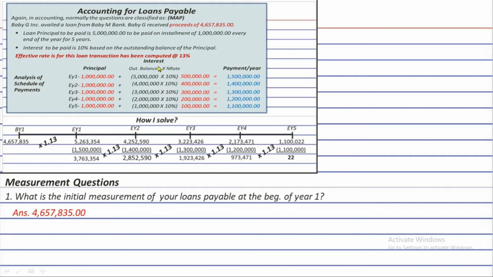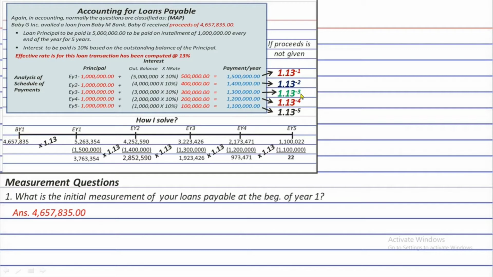Okay? But if the deductions as well as the proceeds are absent, but the effective rate is given, then you have to get the present value by multiplying each of these payments by 1 plus i raised to the power of negative n. In this case, we have 1.13 raised to the power of negative 1 for the 1.5 million, because again, it will be paid only after 1 year.